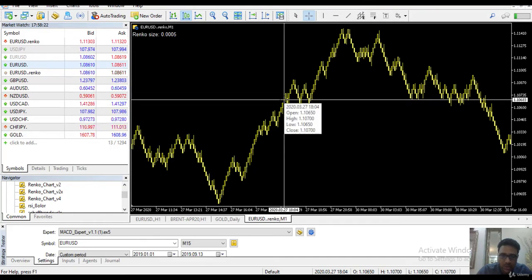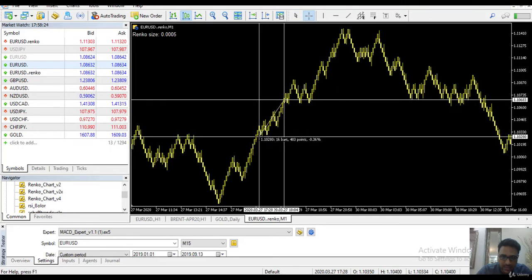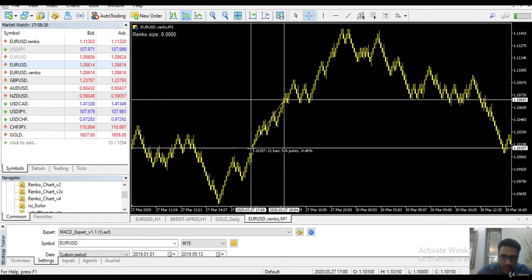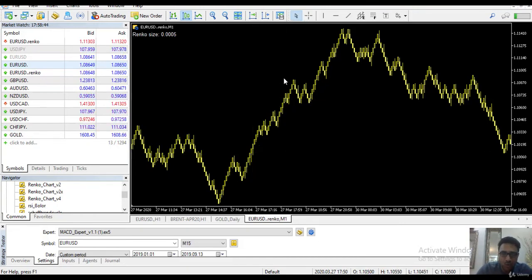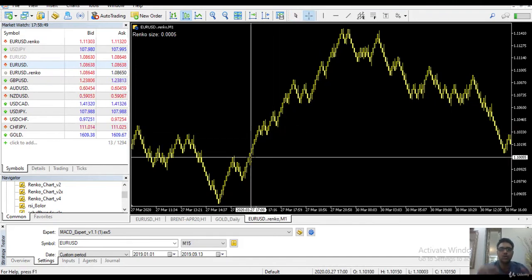You can see this candle has moved around 21 bars. So 21 bricks were used in one H1 time frame of the Euro USD. The good thing about this is you can exactly see how the prices have moved within that 1 hour without going into the lower time frame.